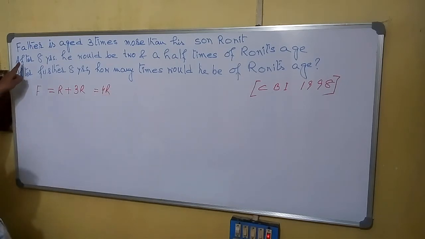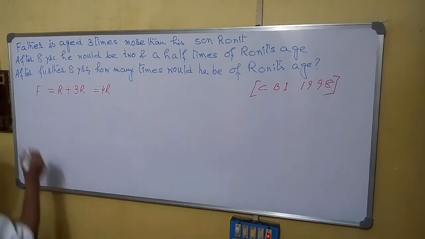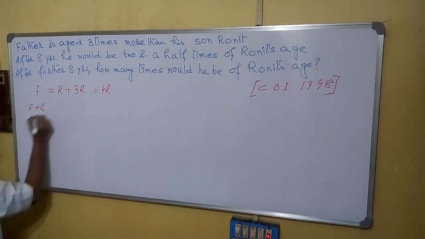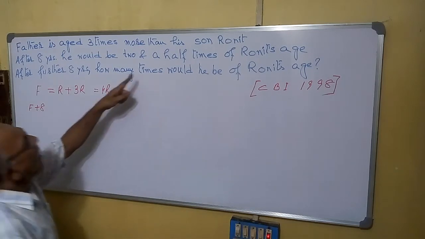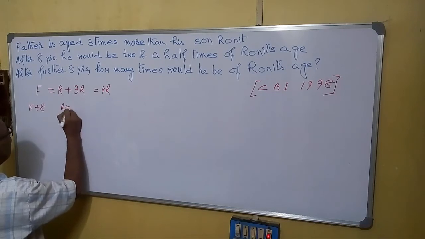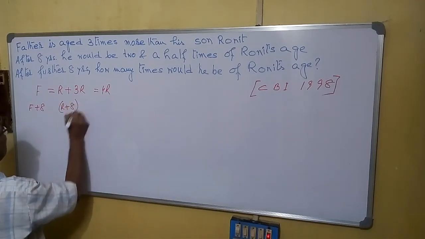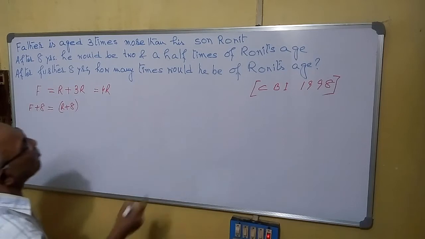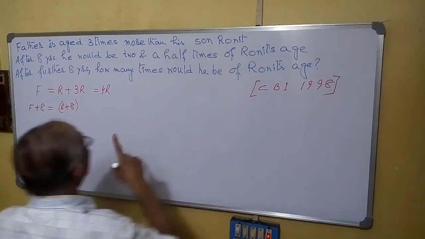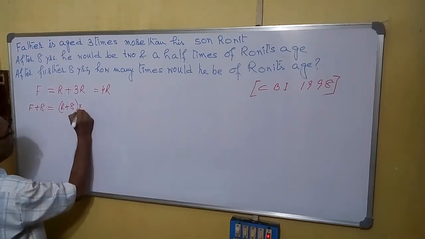Now what happens? After 8 years, father's age will be F plus 8 and Ronnie's age will be R plus 8. What is given? This equals 2.5 times Ronnie's age. So into 2.5.